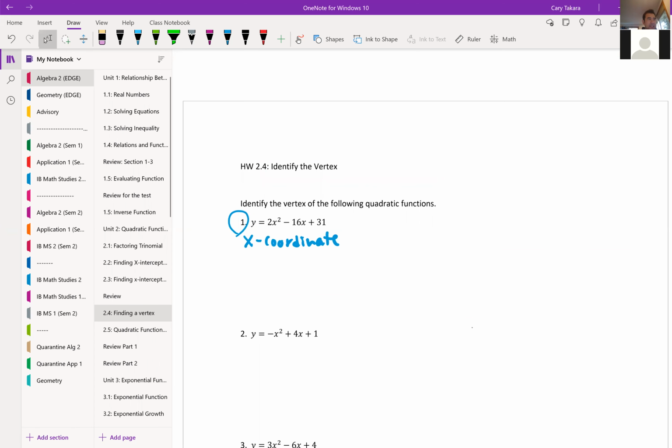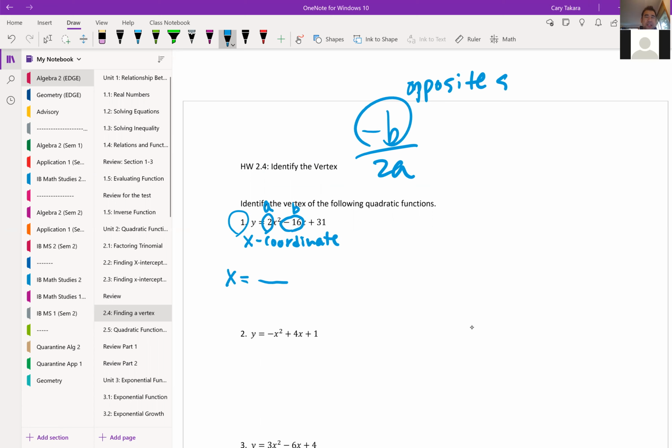So a, in this case, is 2. b is negative 16. So negative b, think of it as the opposite sign of b, okay?